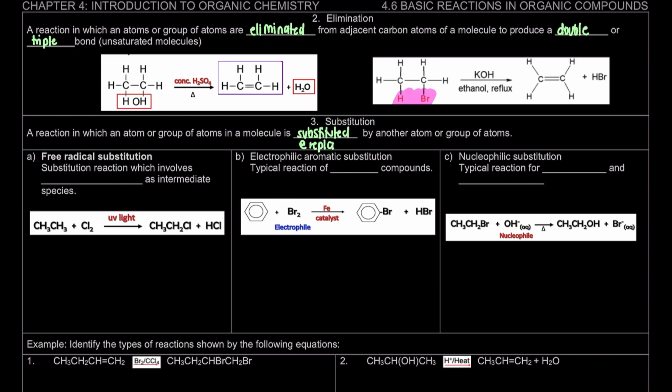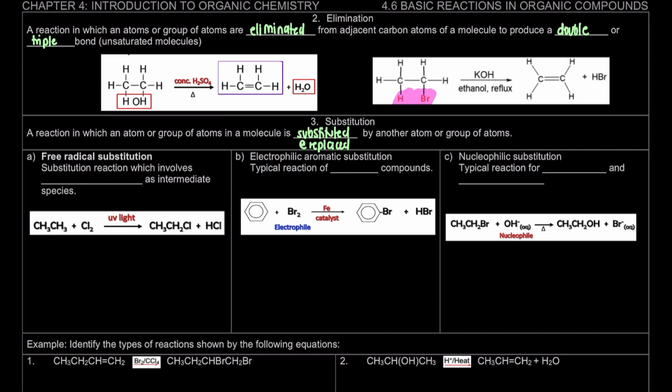There are three types of substitution. Again, you don't have to memorize the free radical, the electrophilic aromatic, or the nucleophilic. I'm just going to show it to you here because later on we're going to learn more about these types of substitution.